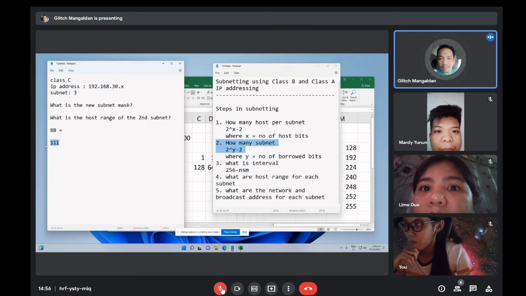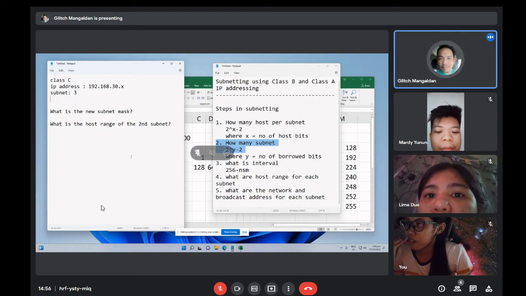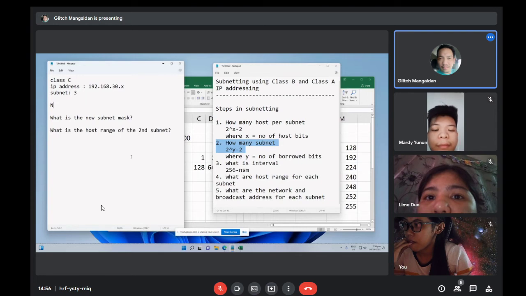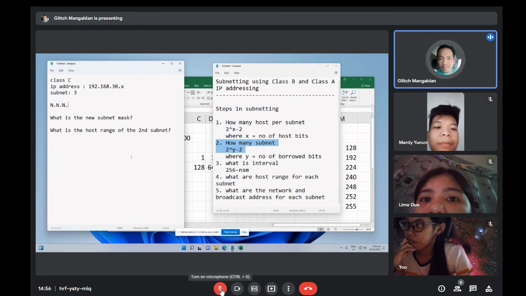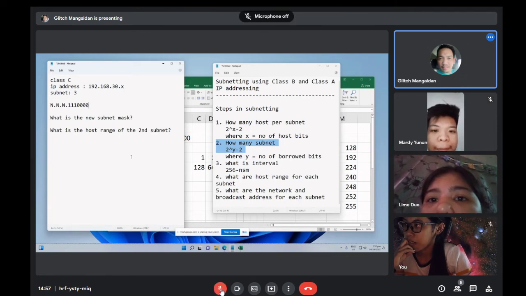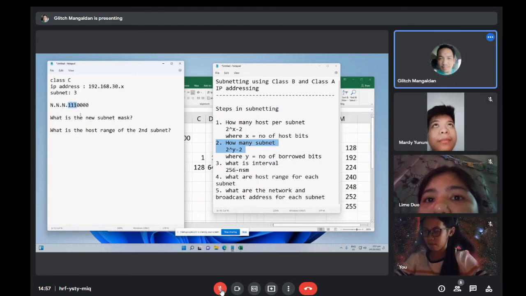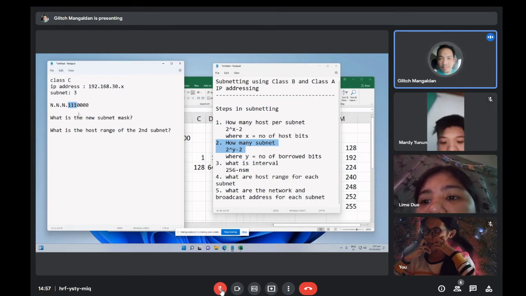So, therefore, ang network formula na gagamitin mo rito is n, 3 tatlong borrowed bits, and then 5 host bits. Correct? Okay? So, ito yung result. Itong tatlo na to, that is the result of 2 raised to 3. 2 raised to 3 is 8 minus 2 is 6. So, it means, ito yon.